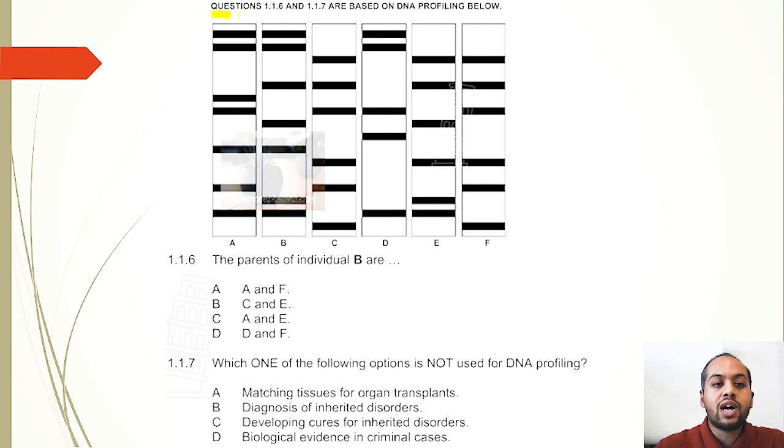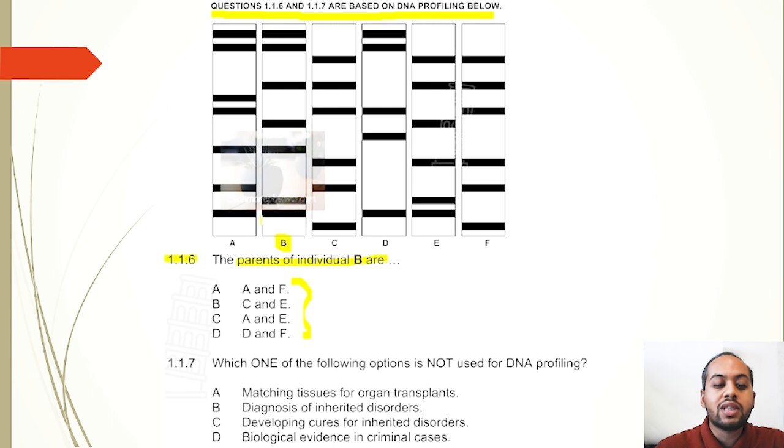The next questions 1.1.6 and 1.1.7 are based on the DNA profiling below. So 1.1.6, the parents of individual B are. So we are looking at individual B and we're going to compare individual B to all of the other DNA profiles A, C, D, E and F so we can possibly get our correct answer.